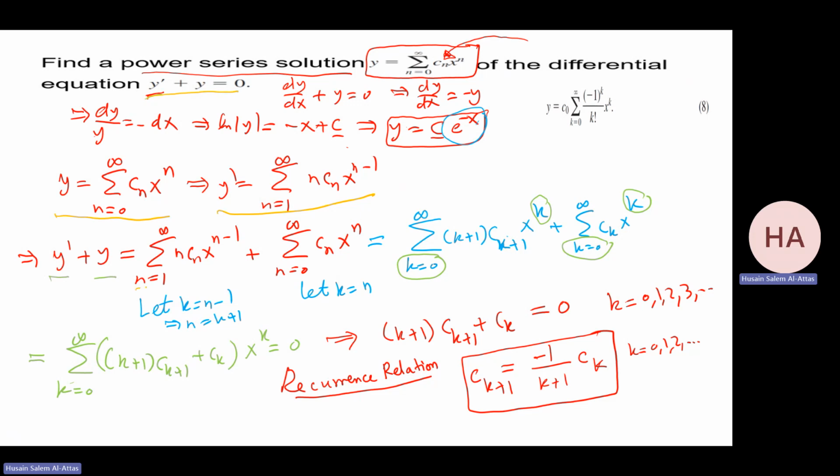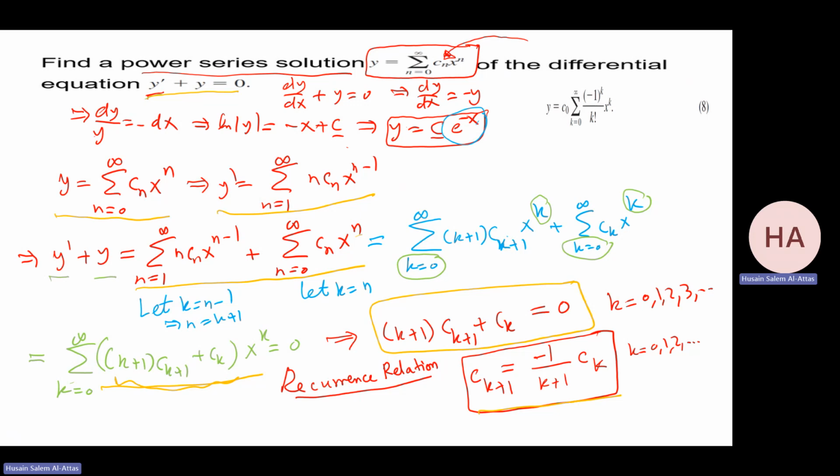You get a series with different indices and different powers. Try to fix them: make it the same power and the same index. So we get this, which implies that something times x to the power k is equal to 0. That means this coefficient should equal 0. So we are getting what's called a recurrence relation. We rewrite it in this format.